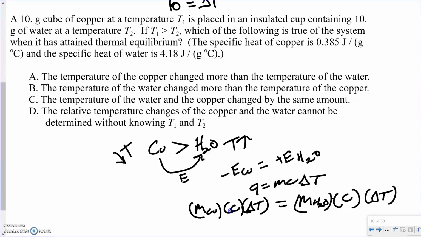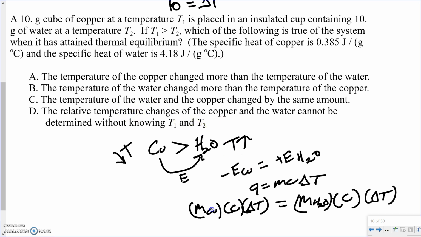And the reason I'm setting it up like that is so we can think through this, because if you look at these answers, what they're looking at is for you to recognize how much each temperature is changing. Is copper's temperature changing more than the temperature of water, or is water's changing more than copper, or is the amount of temperature changing the same, or can it not be determined from the information we're given, okay?